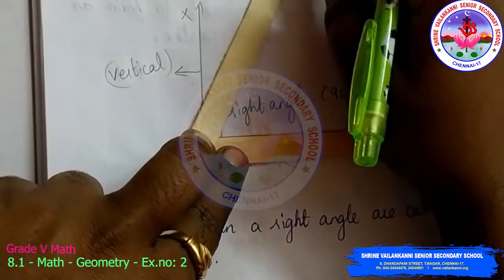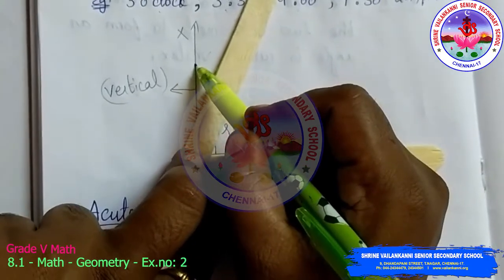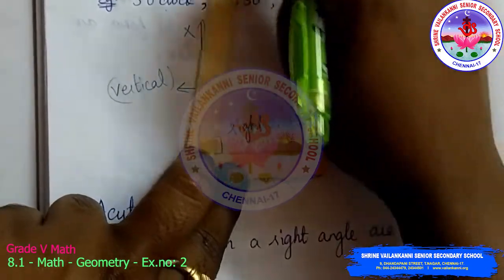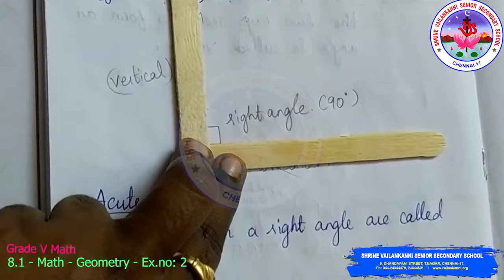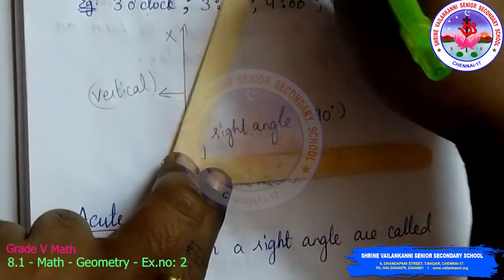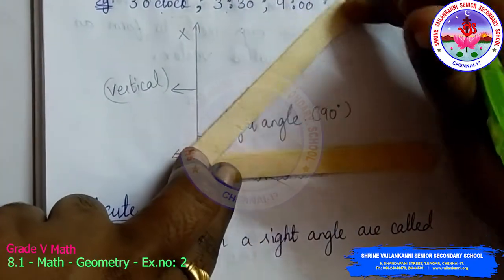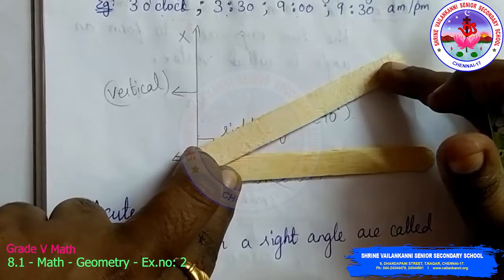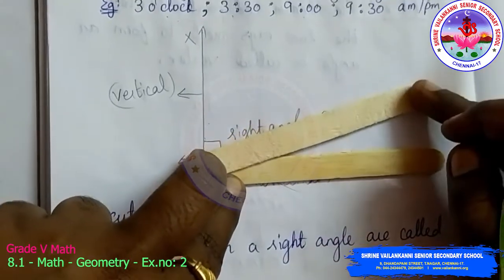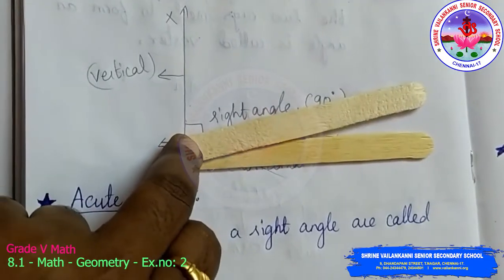It can be like this. If you see the right angle, the vertex line is here. This is a right angle. When it reduces, it is an acute angle. This is also an acute angle, this is also an acute angle, even this is also an acute angle.